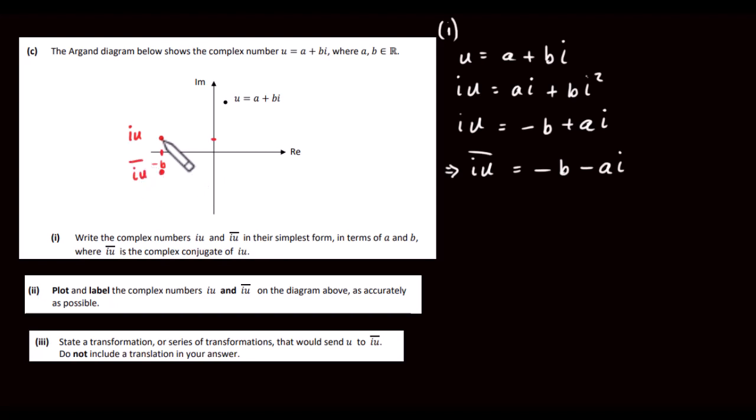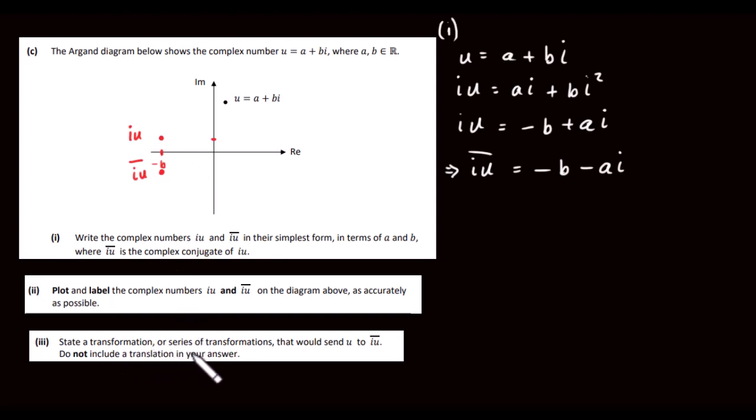So it's really just the same distance down here. I haven't got it plotted very well here. That distance will be the same as that distance here. The minus b here is in the way. So that's it. Plot and label the complex numbers iu and iu conjugate on the diagram above as accurately as possible. So that's really it. That's iu there, and that's iu conjugate here.